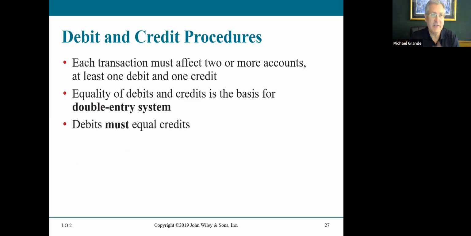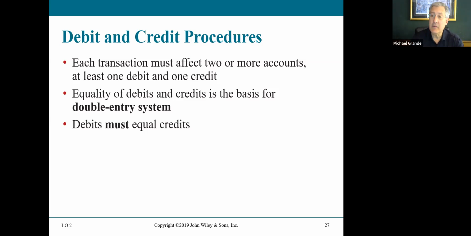Debit and credit procedures. Each transaction must affect 2 or more accounts, at least one debit and at least one credit. Equality of debits and credits is the basis for the double entry accounting system. Debits must always equal credits. That's an absolute key.